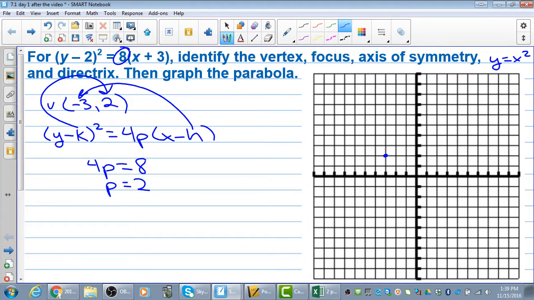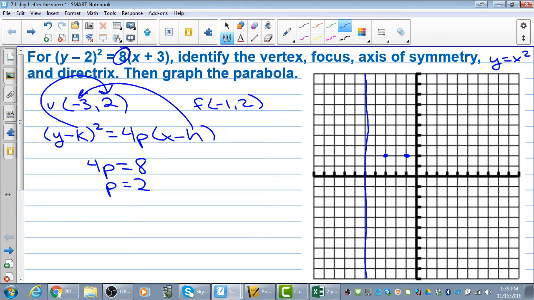Now because y is being squared, that means this opens to the right. So the focus is over here at (−1, 2). Focus, (−1, 2). The directrix now is on the other side of the vertex. So if the focus is on the right of the vertex, the directrix now will be on the left of the vertex.